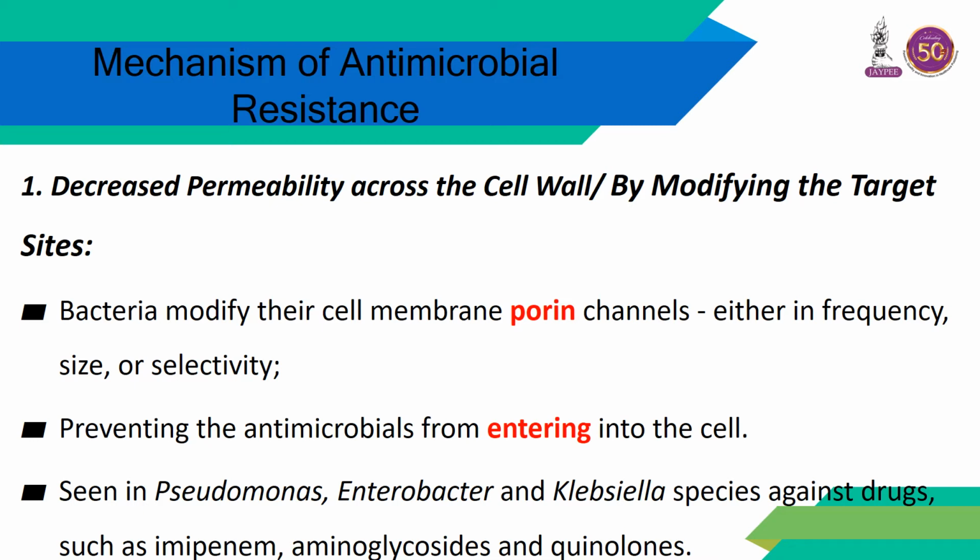So what the bacteria do is they can either modify the target site so that the drug cannot attach, or even if the drug is attached, the permeability across the cell wall is decreased. That is, the drug cannot enter the bacteria. So either the attachment is improper, or if the attachment is proper, then the drug is not able to enter the cell. So this is one mode of resistance.